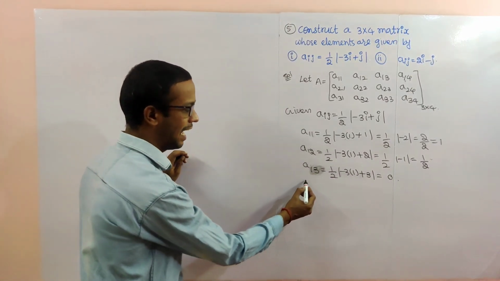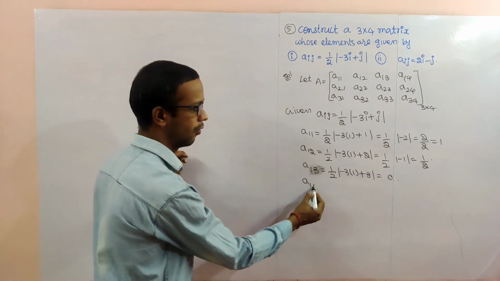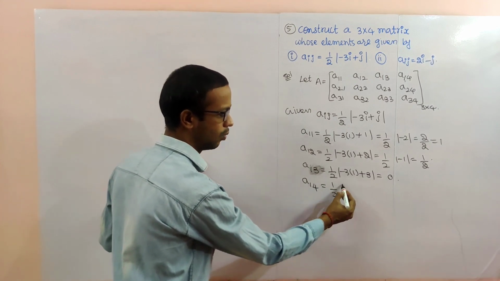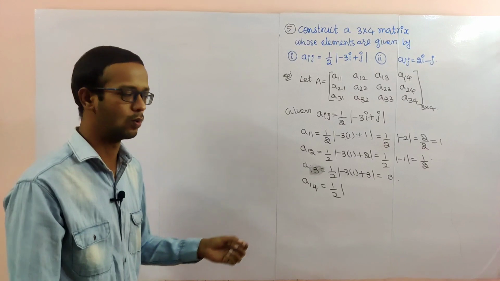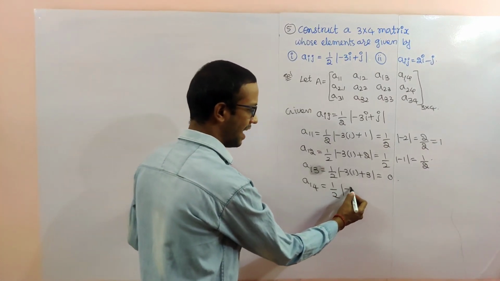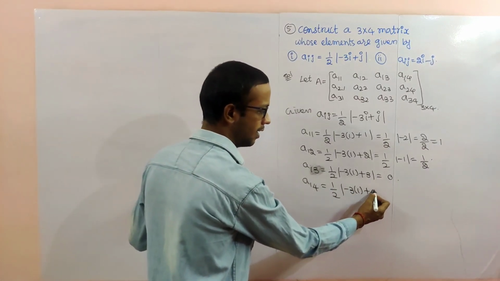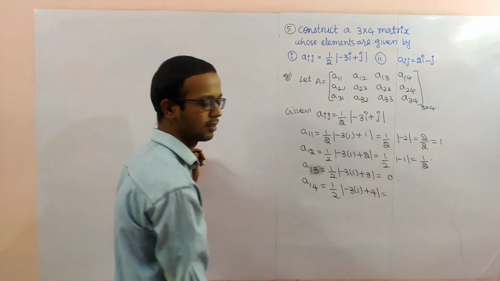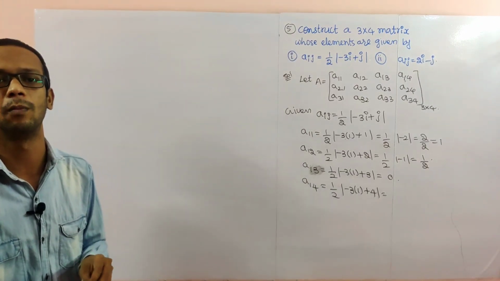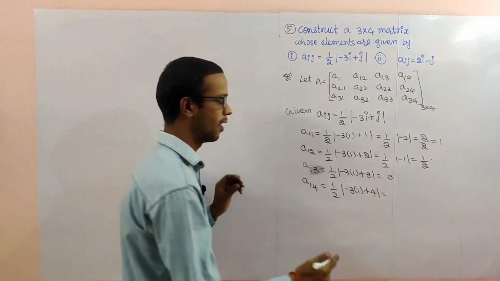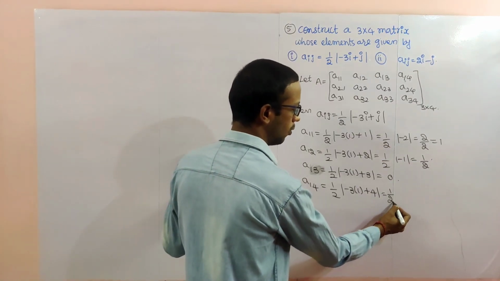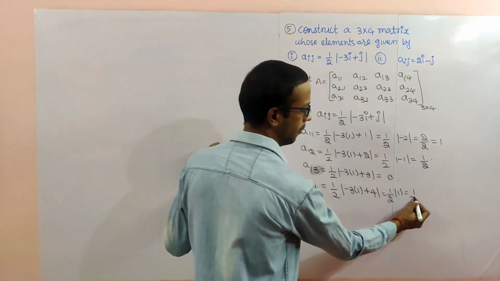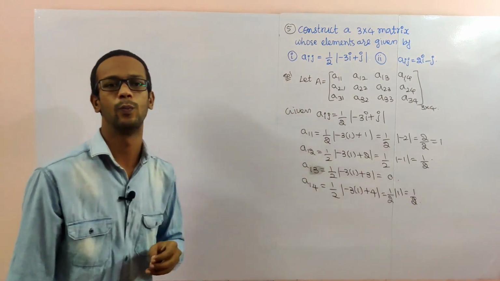Next A14: 1 by 2 mod minus 3 into 1 plus 4. So modulus of minus 3 plus 4. Minus 3 plus 4 is 1. So 1 by 2 mod 1 is nothing but 1 by 2.